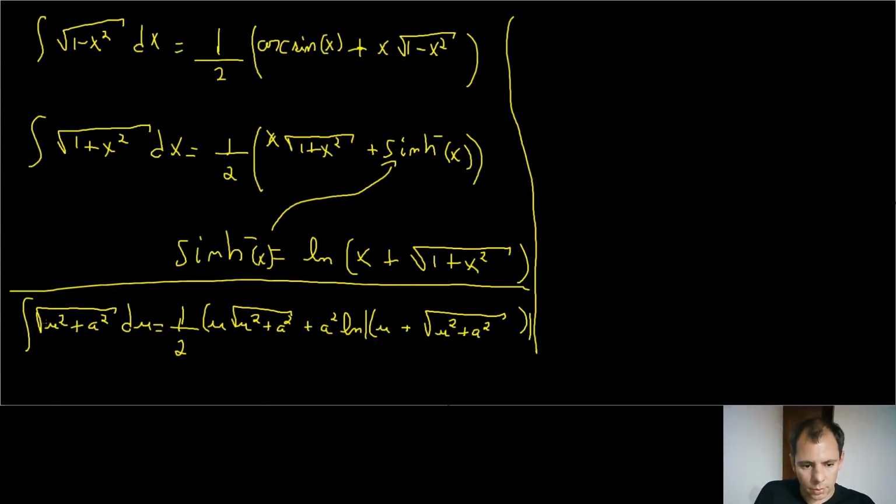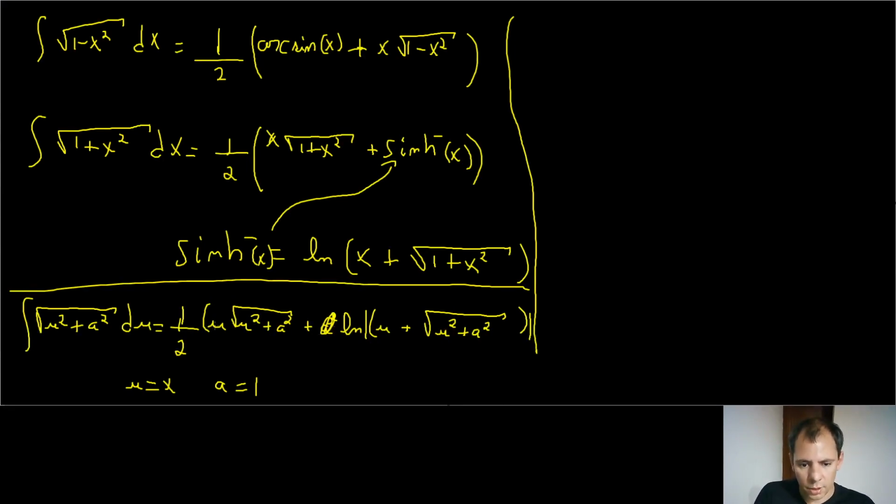Okay, now in this case here, the a squared is just going to be a 1, okay? So you're knocking out this stuff. The u is going to be x, right? The u squared is the x squared. So in this case here, the u is going to be x, and the a is going to be 1. So when you have a squared, you just knock it out, okay? And you can see that it's just the same thing.